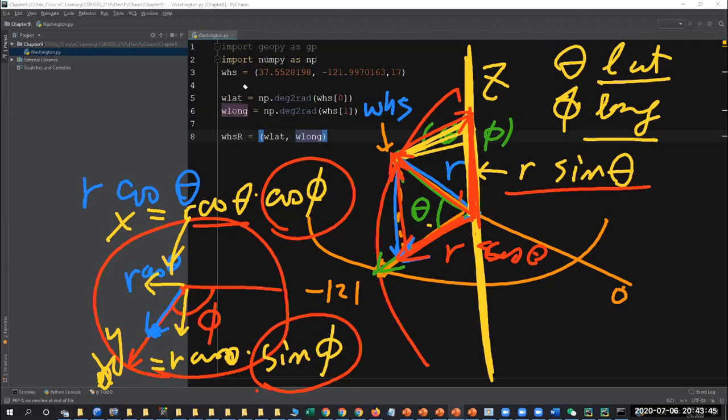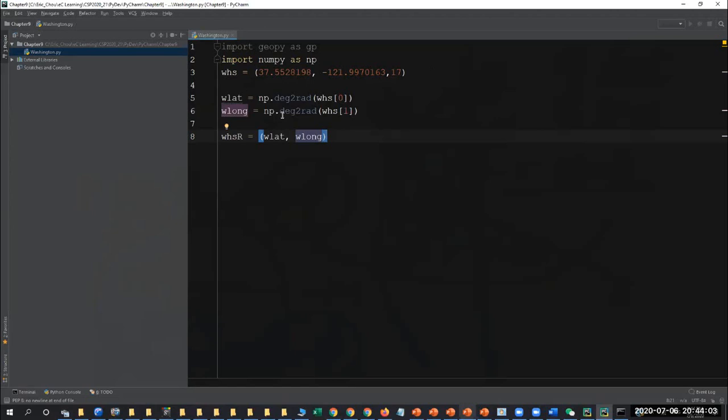If the latitude and longitude are correct, I can name theta and phi any name. You know what I'm saying? If the list is latitude then longitude, that's fine. I have to check, but let's do it this way.